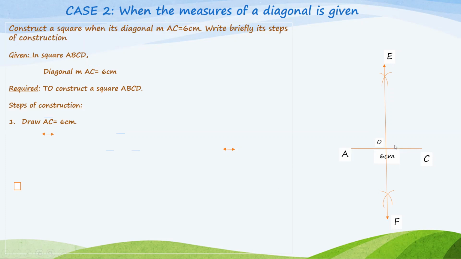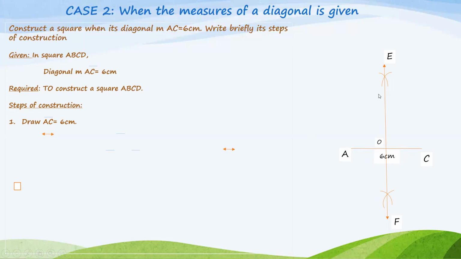Okay, because we have drawn the right bisector which has bisected this AC into two equal, congruent parts. This is the property of the diagonal of a square, that the bisector must be the diagonal, and here OA and OC must be equal, must be congruent.